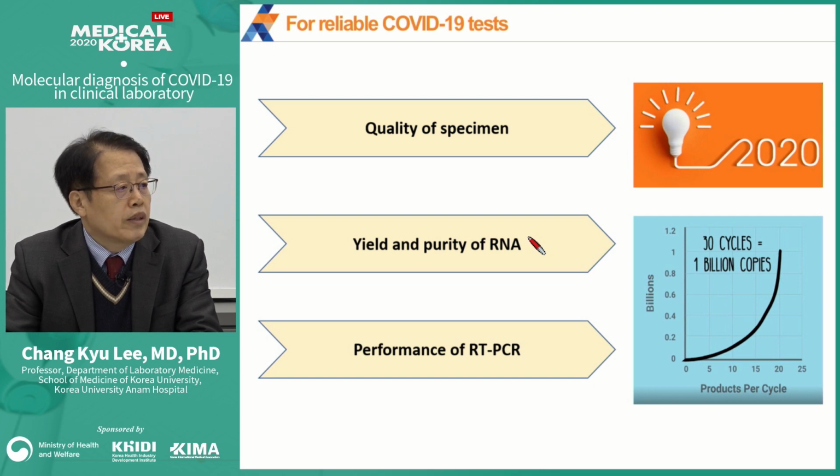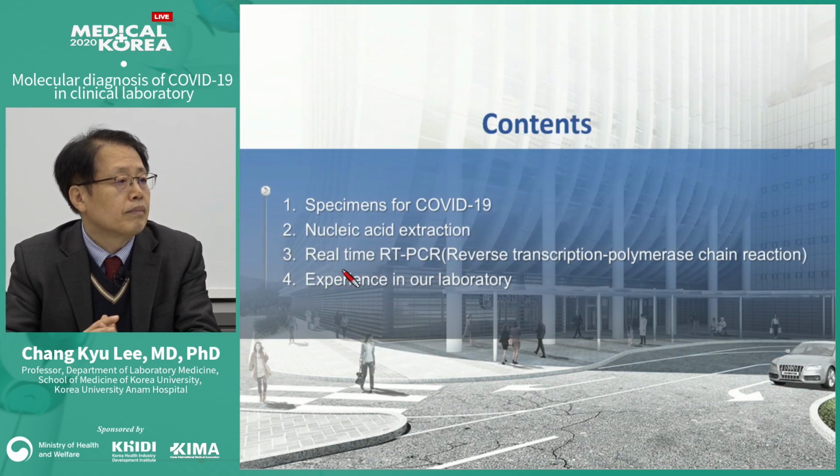First, quality of specimen. Specimen should be taken from appropriate sites and adequate amount be taken. Second, high yield and pure RNA template is necessary. Third, good performance of RT-PCR is essential. I would like to cover these ones.